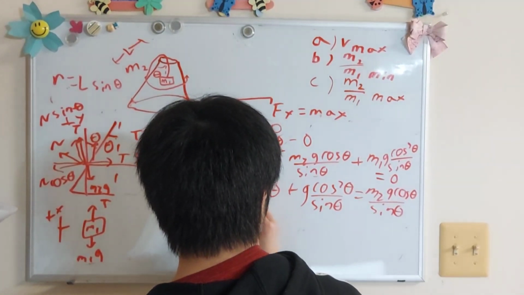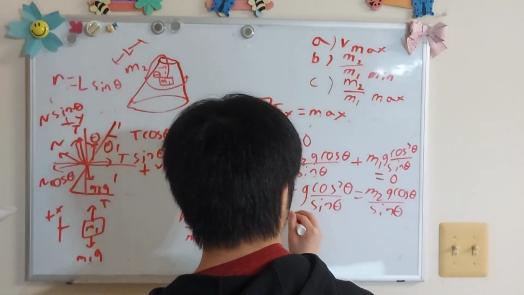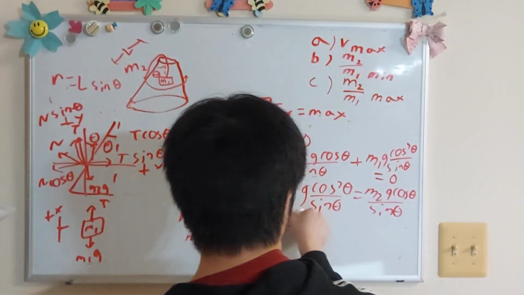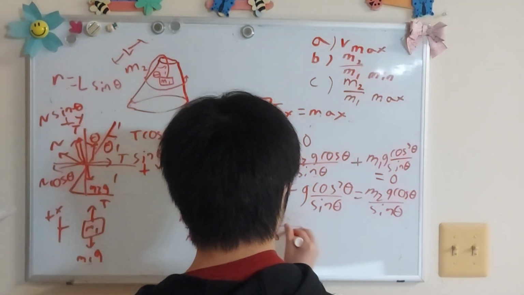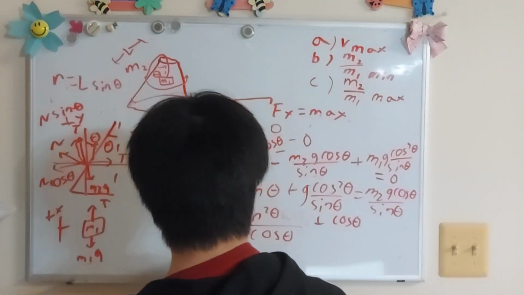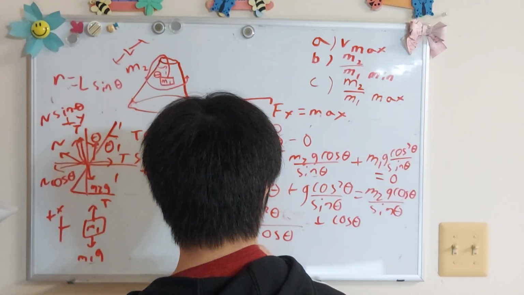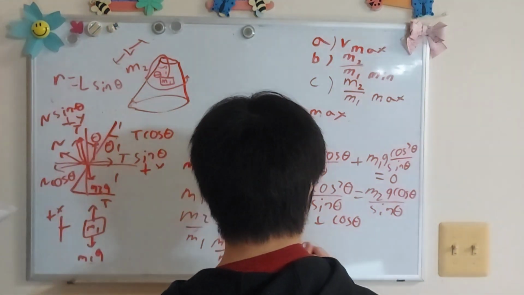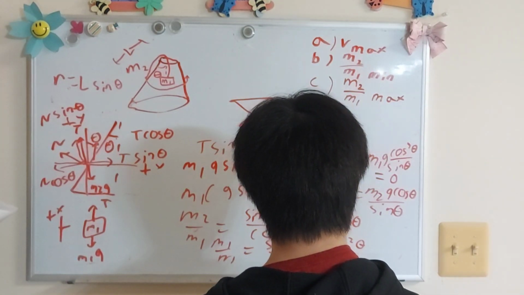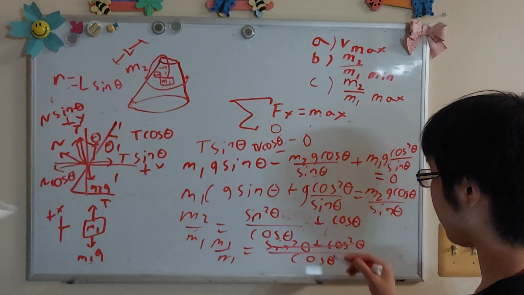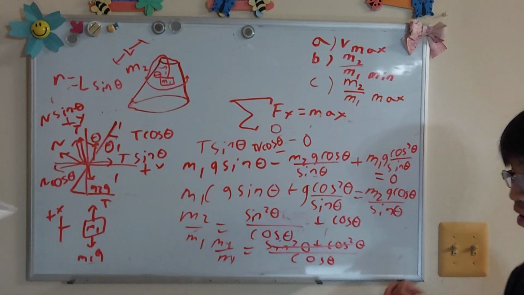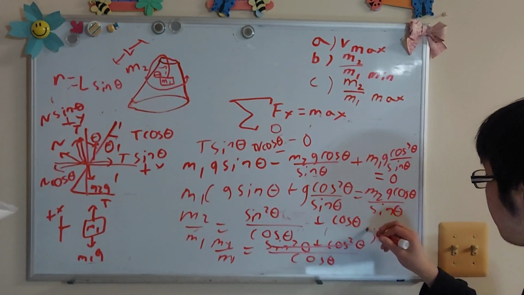And we end up getting sine squared theta over cos theta plus cos theta is equal to the ratio. Let's combine both fractions, and we end up getting that sine squared theta plus cos squared theta over cos theta is equal to the ratio. And since this is an identity that just equals 1, we end up getting that m2 over m1 is equal to 1 over cos theta, or secant theta. And that's our final answer for C.